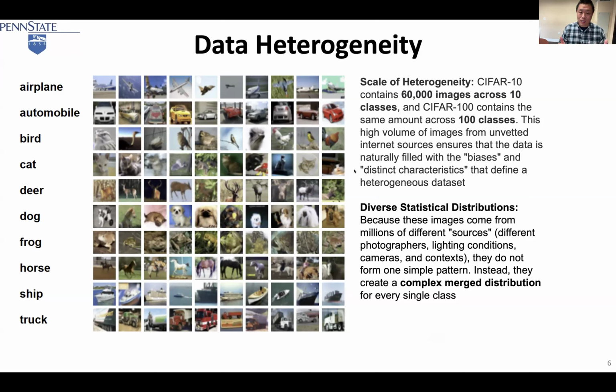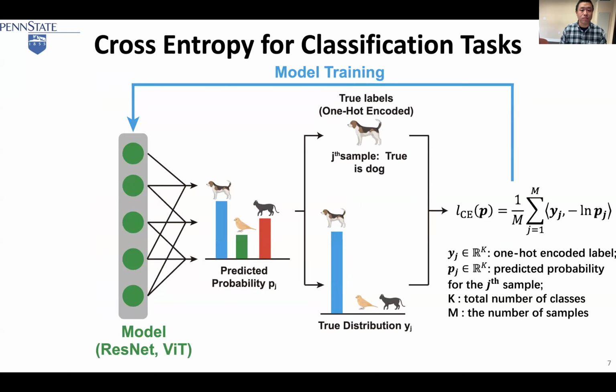heterogeneous data consideration into our image classification process? So let's look at the traditional classification process. Most people use the so-called cross entropy, right? So let's say we have a model.